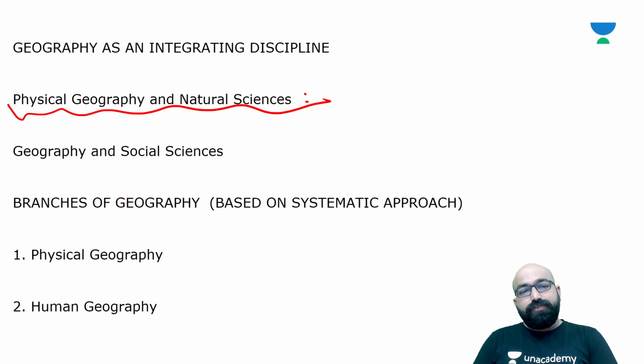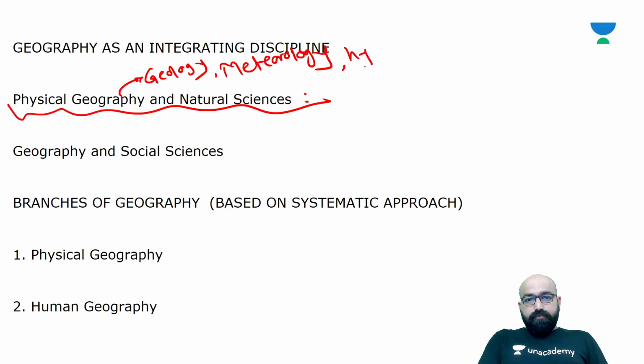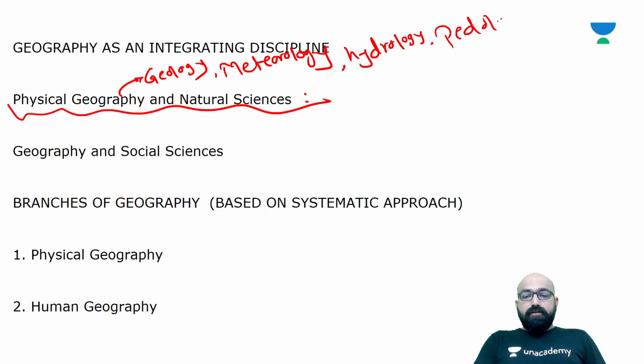Now, the traditional physical geography is linked with geology, meteorology, hydrology, and pedology.